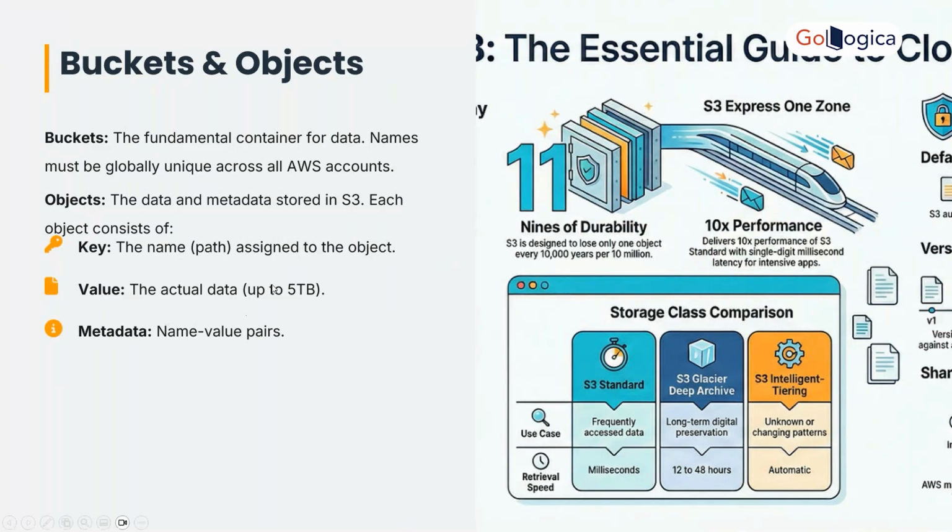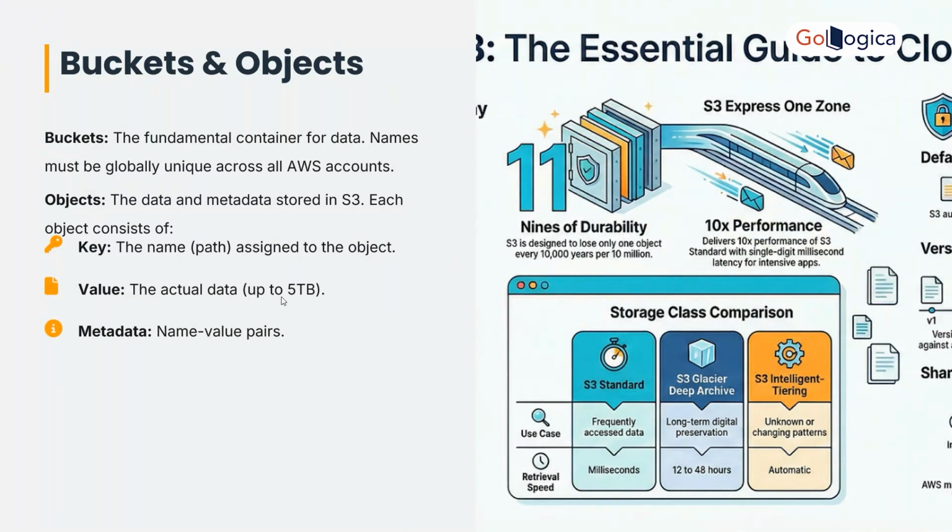Here you can see up to 5 TB. The object that we are storing, a single object, can be up to 5 TB. Just imagine that you have a single file whose size is 5 TB. That is the maximum size of a single object in S3.